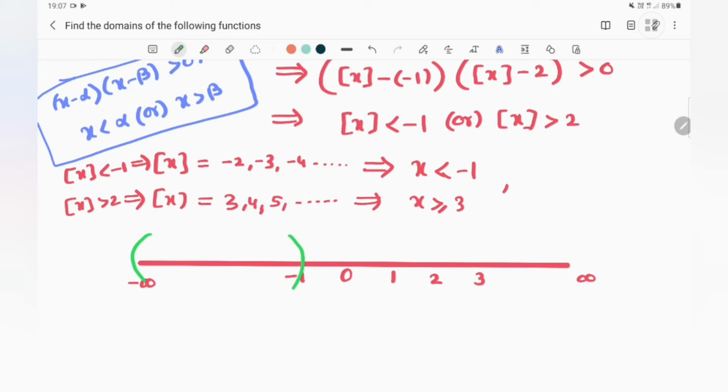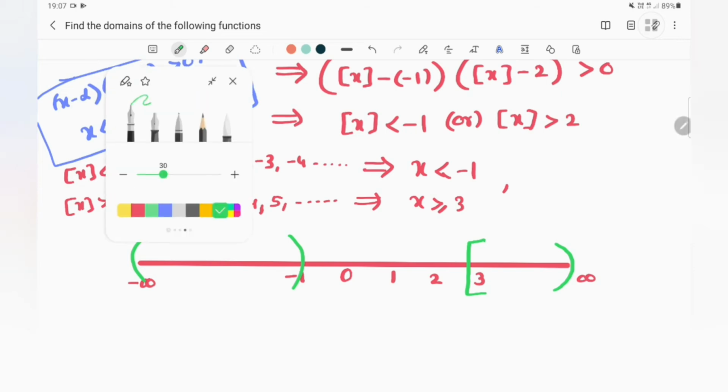The value of x is between minus infinity and minus 1, and x is greater than or equal to 3, that means including 3 up to infinity. The union of these two is the required answer, that is the domain.